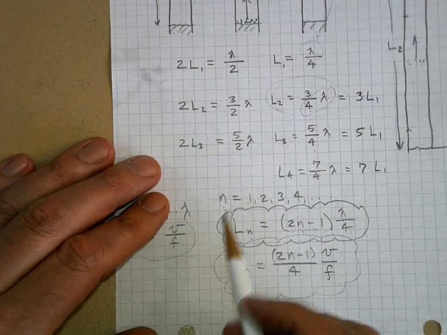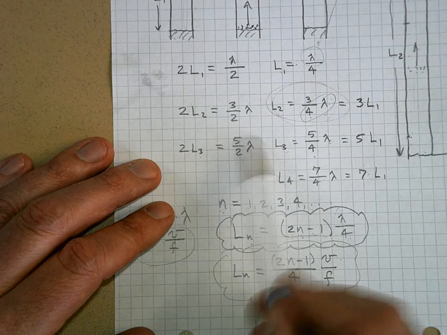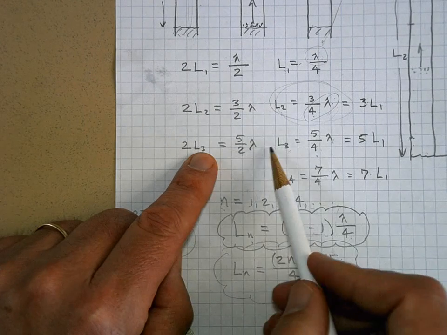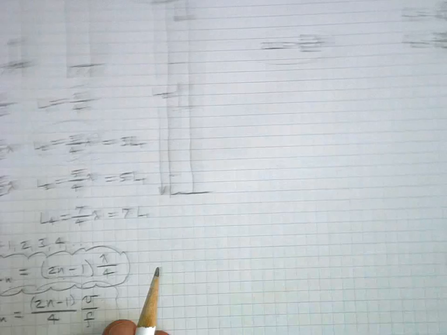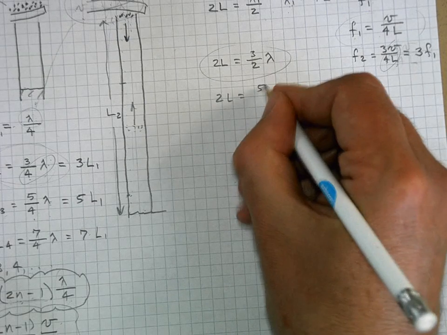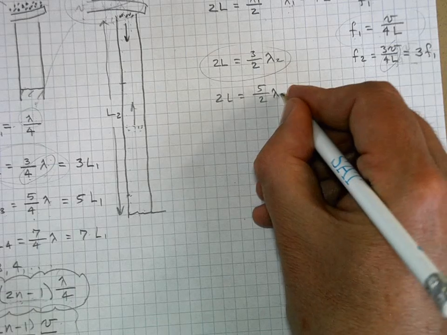And then I go back to the third one. I know that 2 times the third length will be 5/2 of this. Instead of doing that, I'm going to keep the length fixed and solve for the wavelength. So 2L is equal to 5/2 of the wavelength. This is wavelength 2 over here, this is wavelength 3.